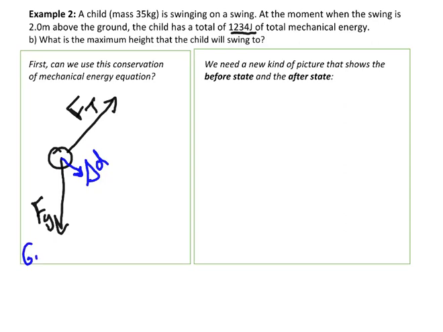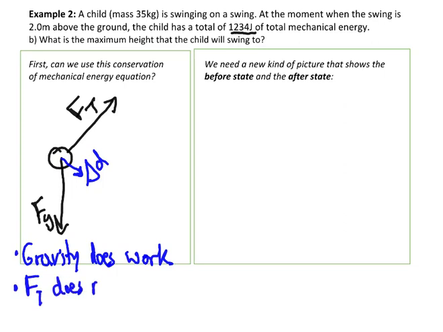So gravity does work. So there is a W_G, gravity is doing work. But the tension force is doing no work, right? Because notice that F_T is totally perpendicular to delta d.